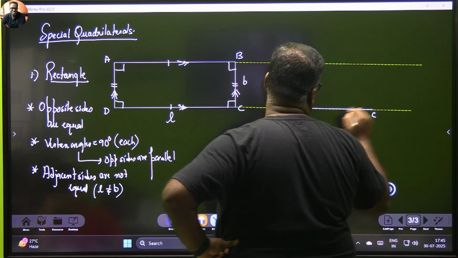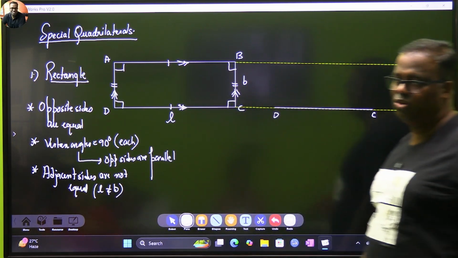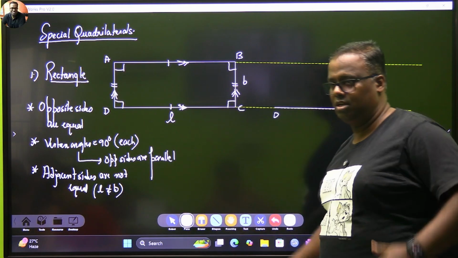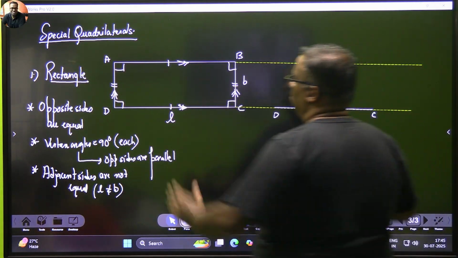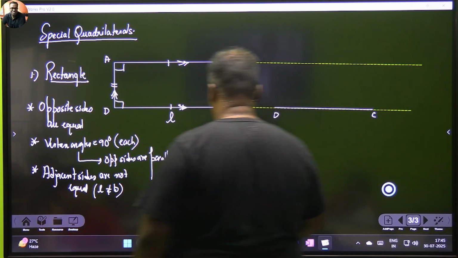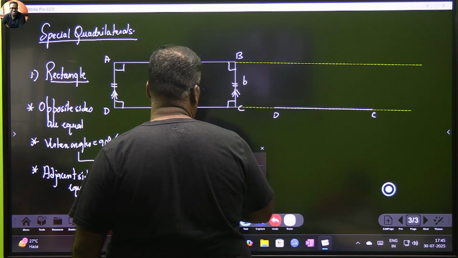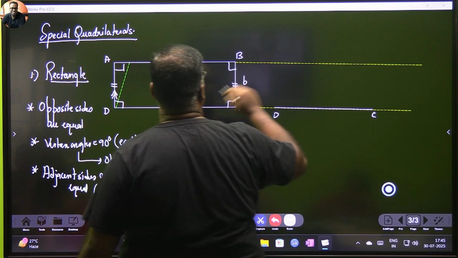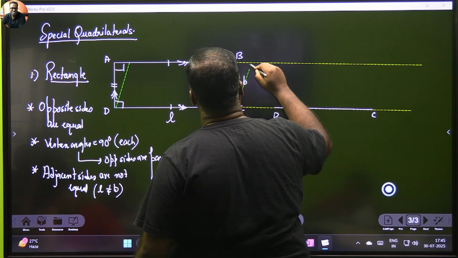And this rectangle was standing under the scorching sun. So it got tired and started to bend on this side. It means this side has come here and this side has come here, something like that.